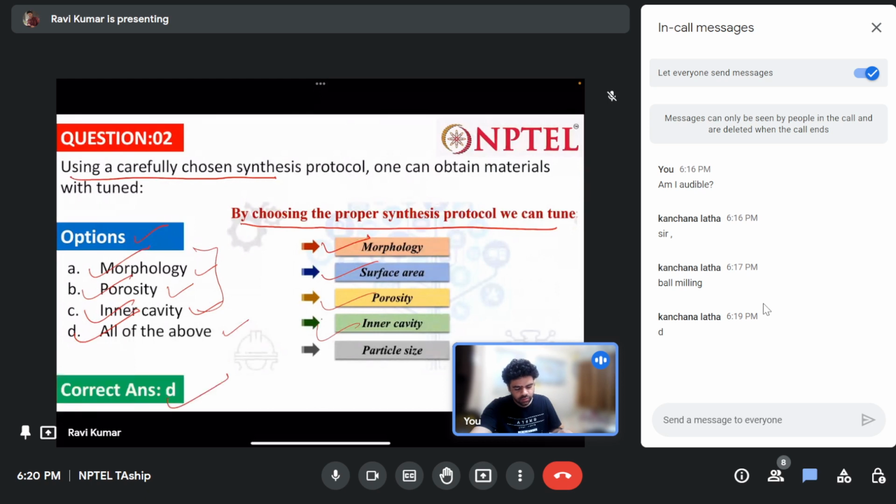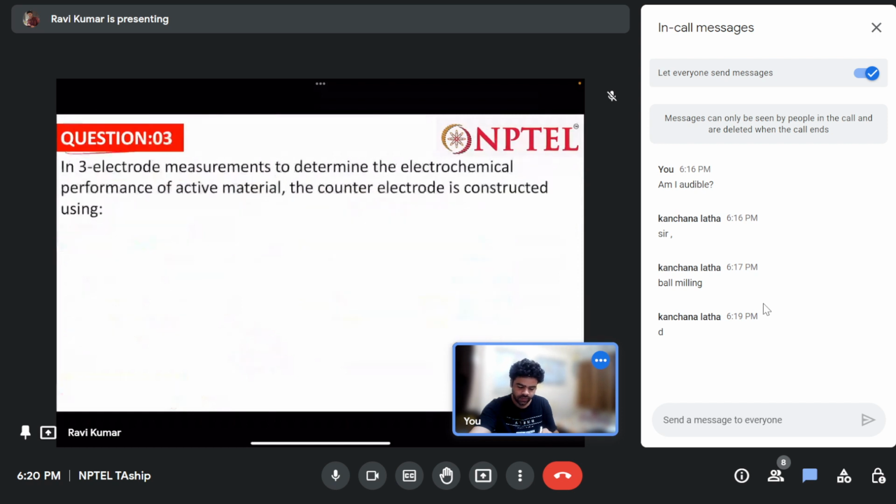So let's move to the next question. It says, in a 3-electrode measurement to determine the electrochemical performance of active material, the counter electrode is constructed using what? First tell me the names of the 3 electrodes. One already is here, counter.